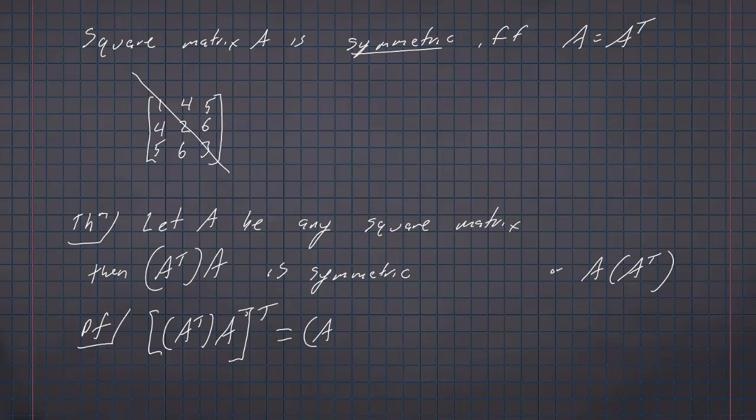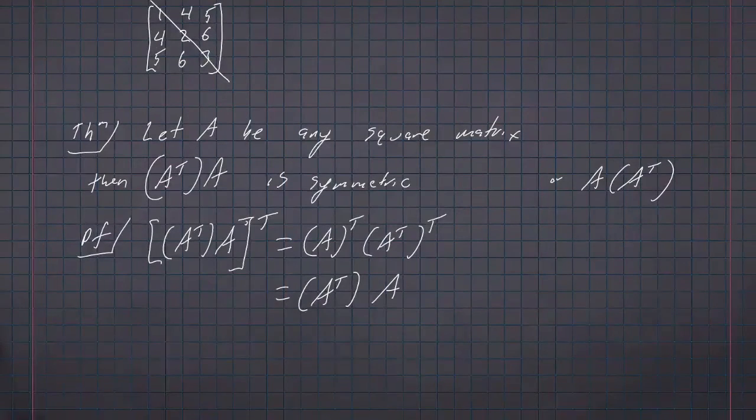So we'll have A transpose, and we'll have A transpose transpose. A transpose transpose is just A, and the transpose of a matrix is just that original matrix. So we get back to A transpose times A, really that fast.